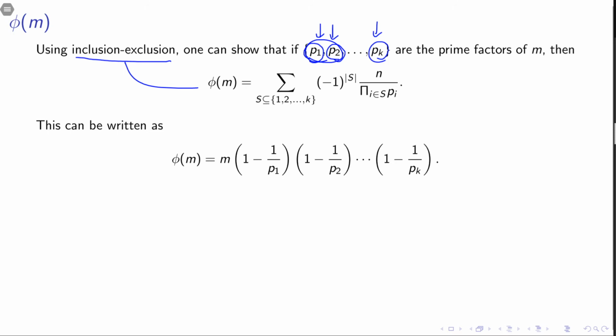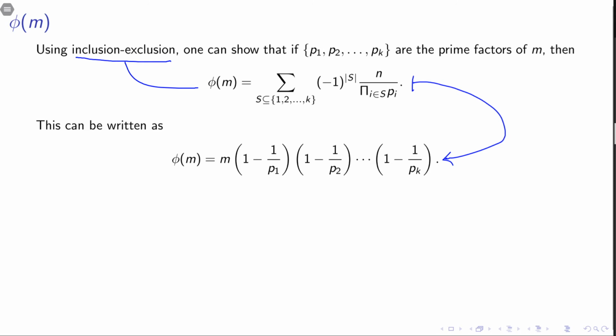Products of pairs of these factors, and then subtracting triples, and so on, right? So your typical inclusion-exclusion routine. It turns out that this expression here can actually be rewritten in this form. And this is actually something that's easier to evaluate for us.